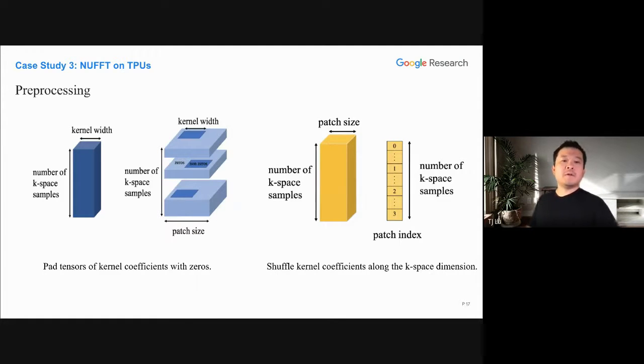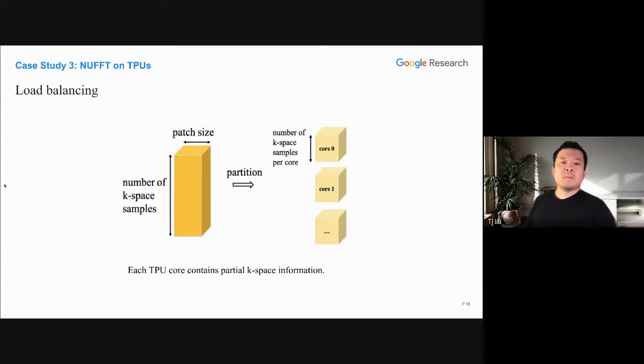And after that, we pad the kernel coefficients with zeros. The dark blue color shows the non-zeros after padding. And then we shuffle the kernel coefficients. Before feeding the data into the computation, we have a load balancing, and each core contains partial k-space information.